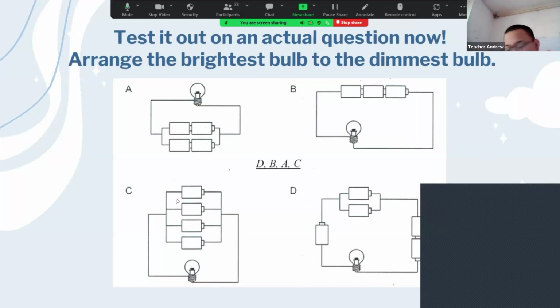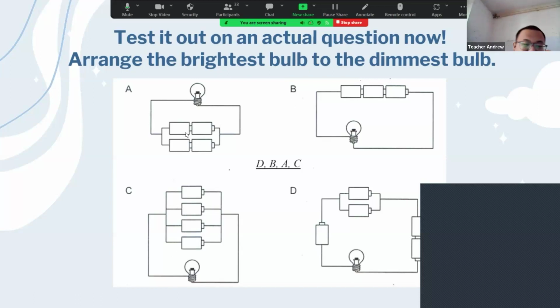Don't get confused, all right? If the parallel arrangement is with the batteries, only one battery is being used at any point of time. So in this case, even though I have 4 lines here, 4 batteries, only one battery is being used at any point of time because there's only one complete path.